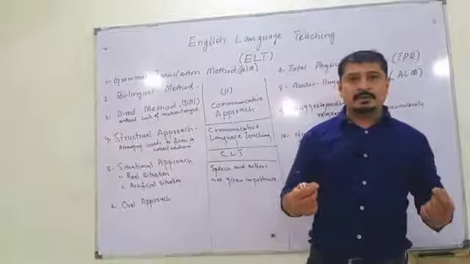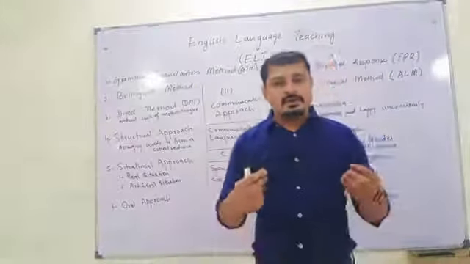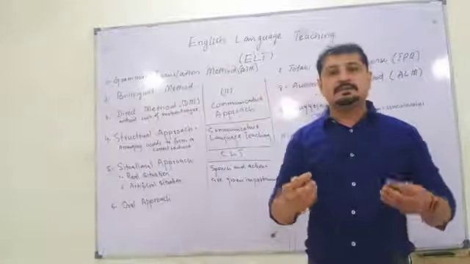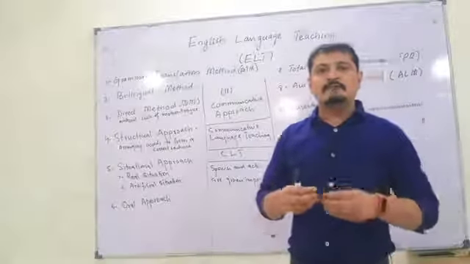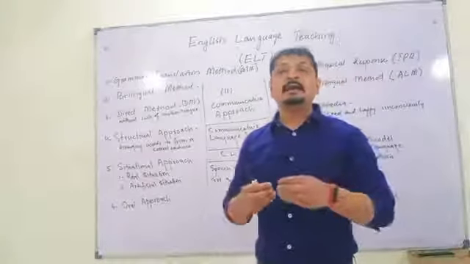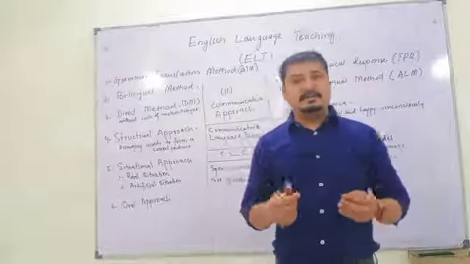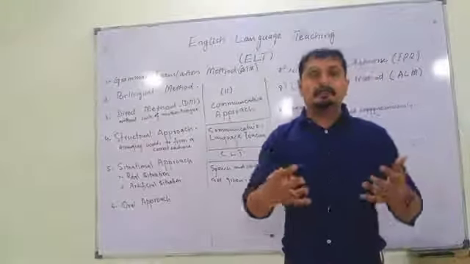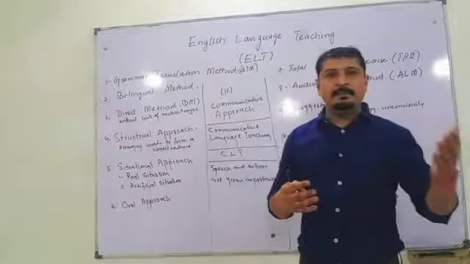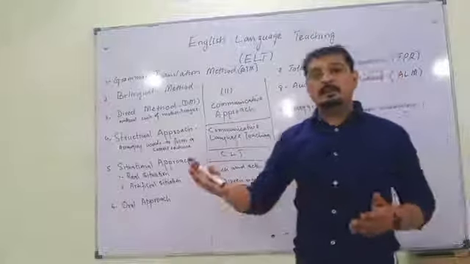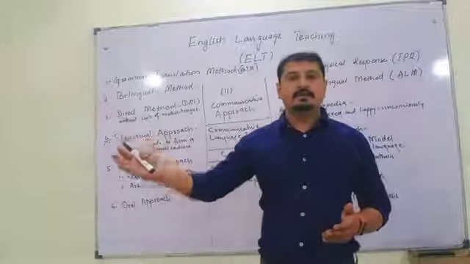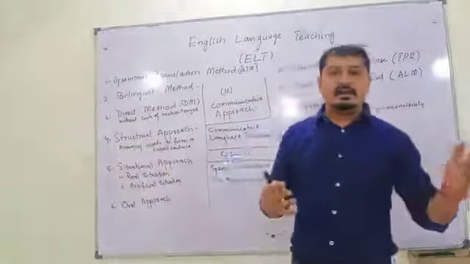By artificial situation we mean involving students in certain situations where you give them the role to play and use the language. For example, if I ask the students that today you are a teacher and somebody becomes a student, sometimes you may call a student to become a police officer and there is one robber.